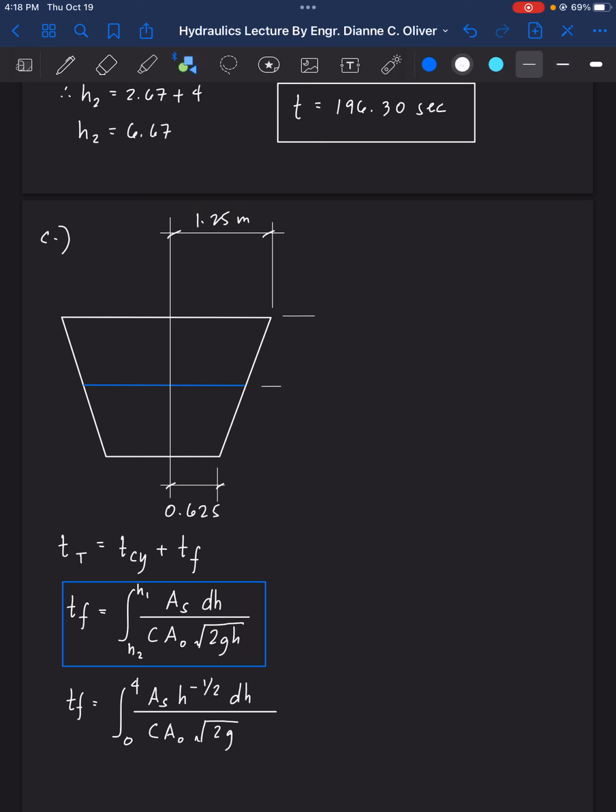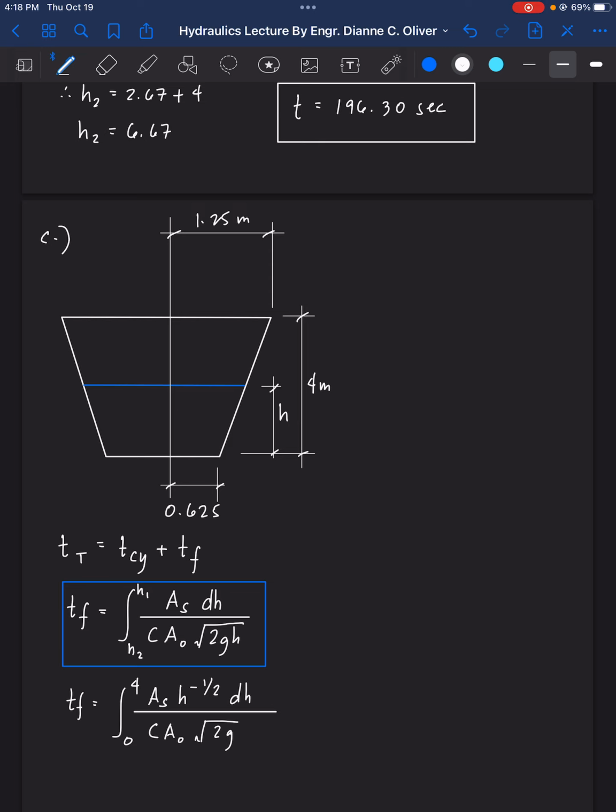Then this is our height, which is 4 meters. And let's name this H, which is changing. This is our level of water, which is changing.